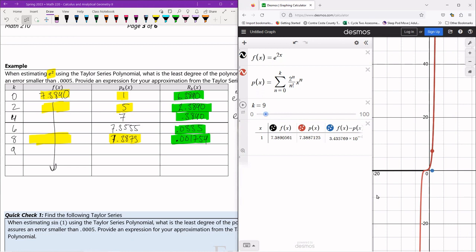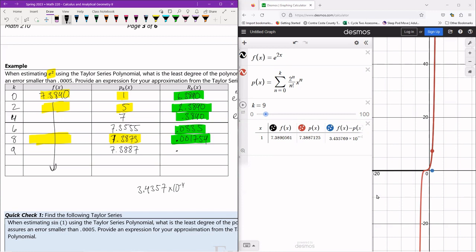My p of x is 7.3887, and the difference is 3.4357 times 10 to the negative 4th.